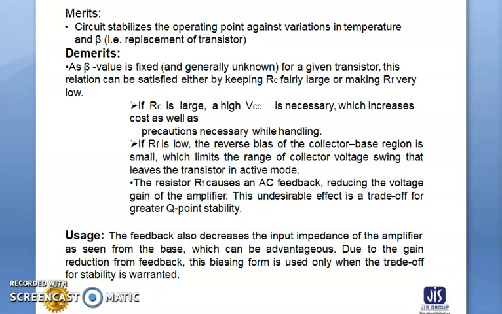And demerits: as the beta value is fixed and generally unknown for a given transistor, this relation can be satisfied either by keeping RC fairly large or making RF very low.